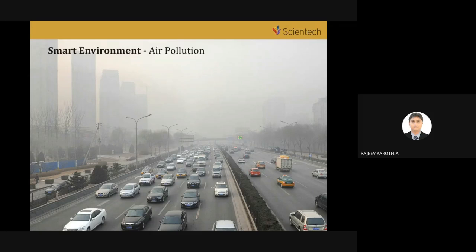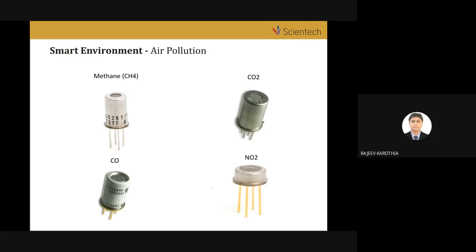Another area of smart environment is pollution. We are all aware of the pollution condition in India, especially in the Delhi region. So we have different sensors to monitor the parameters for air pollutants, like PM 2.5 and PM 10, which are again important sensors.